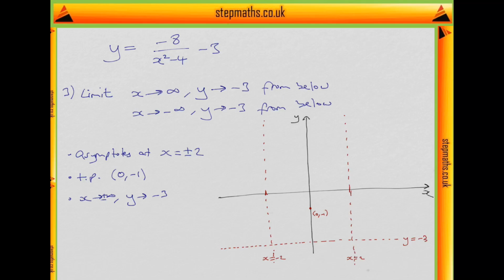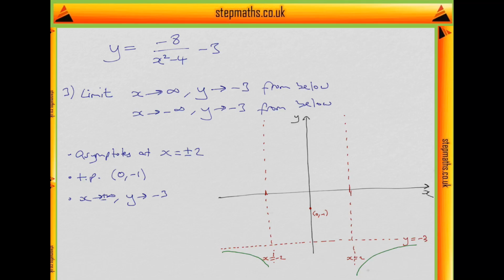So let's start to fill in our function. So we're going to have the function tending towards minus 3 from below as x comes towards plus infinity. So we know on this side here, we're going to have this behaviour. Similarly, it tends towards minus 3 as x goes to minus infinity. So we have to have similar behaviour here.